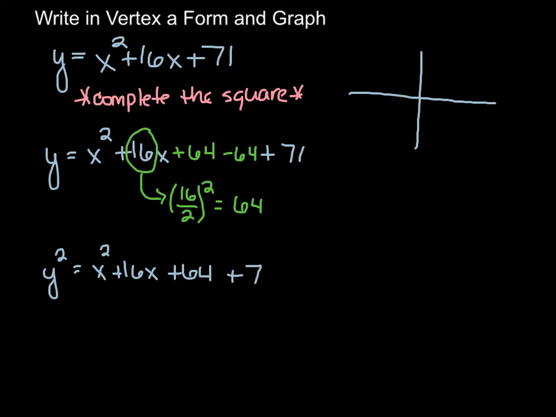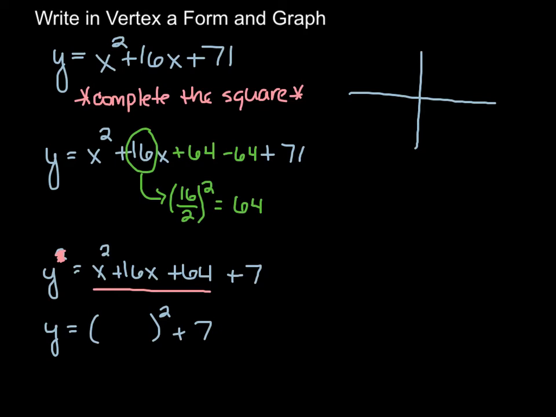So now I'm going to factor these guys. I don't know why I put a squared here. That's weird. Okay, so y is equal to, factors of 64 that add to 16.